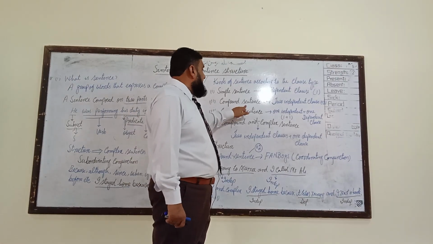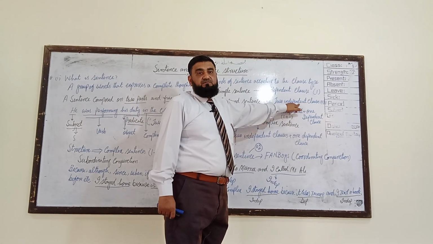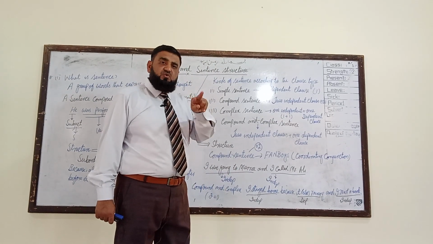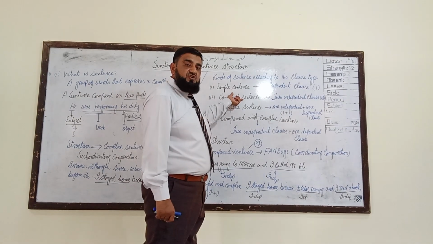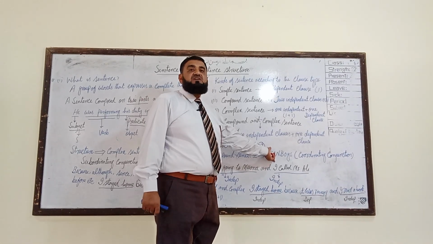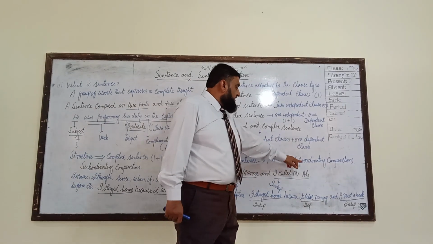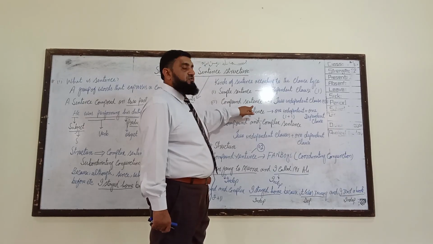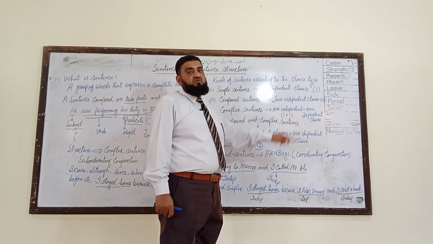A compound sentence will be composed of two independent clauses. In a compound sentence there will be two clauses and both will be independent. These two clauses will be joined by FANBOYS conjunctions, which are called coordinating conjunctions. So a coordinating conjunction will be there between the two independent clauses of a compound sentence.